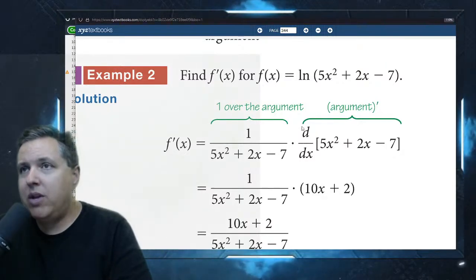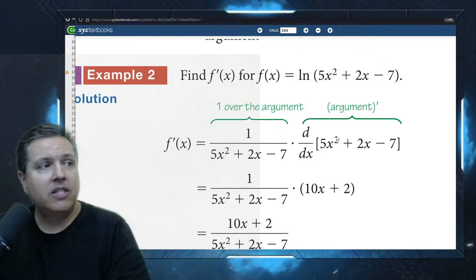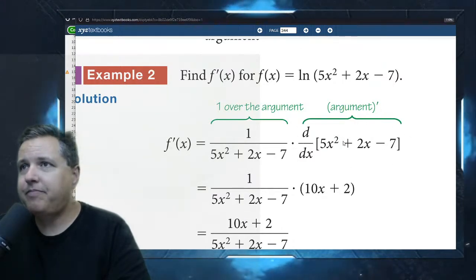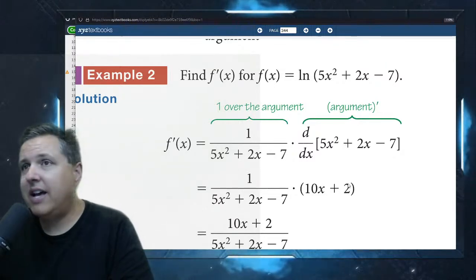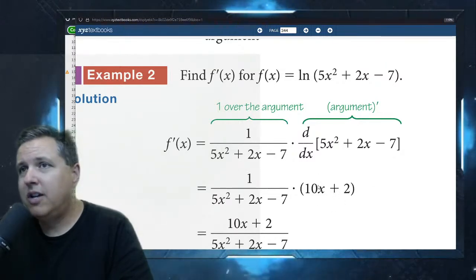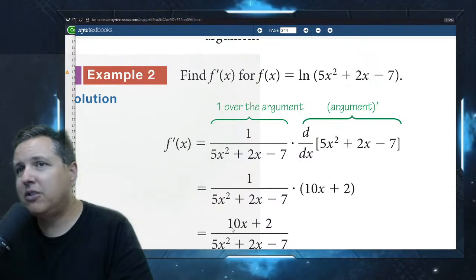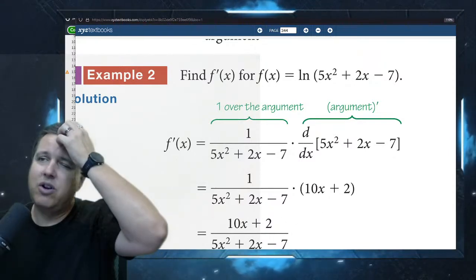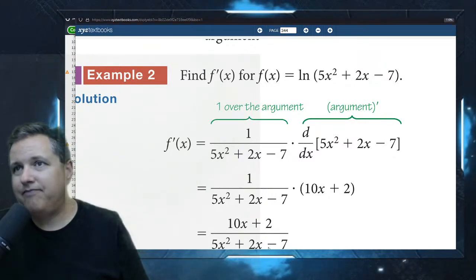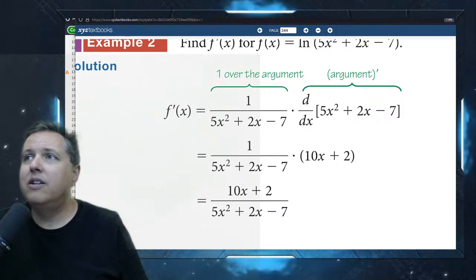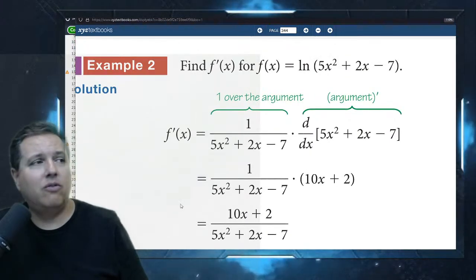Then the chain rule says we multiply by the derivative of the inner function, which in this case ends up being 10x plus 2. We could think of this as 10x plus 2 over 1. So when we do the multiplication, we end up with 10x plus 2 over 5x squared plus 2x minus 7. So that's our derivative right there.